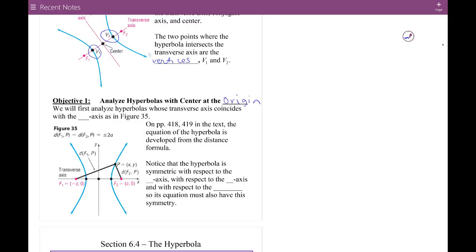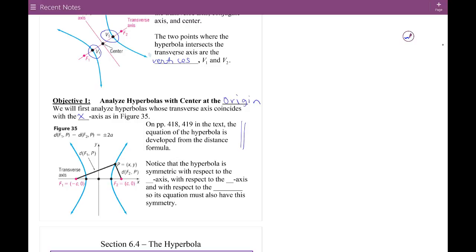We're first going to analyze hyperbolas whose transverse axis coincides with the x-axis, as you can see below in figure 35. In your text, they go through the development of the equation of the hyperbola from the distance formula.